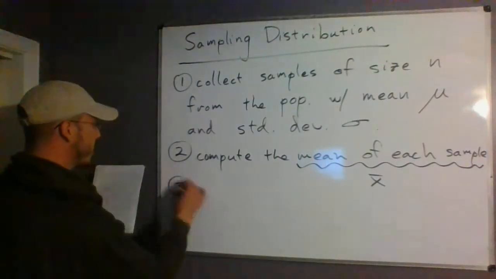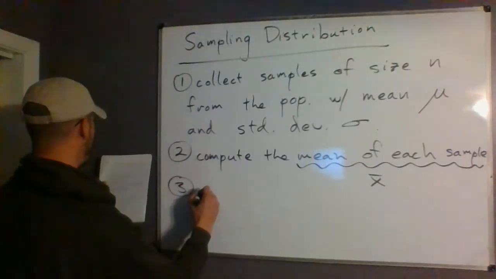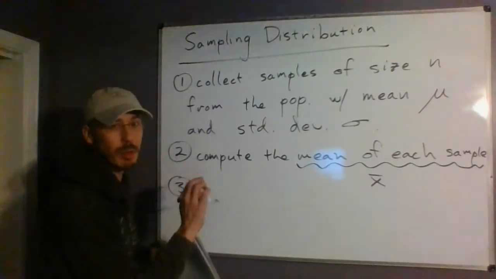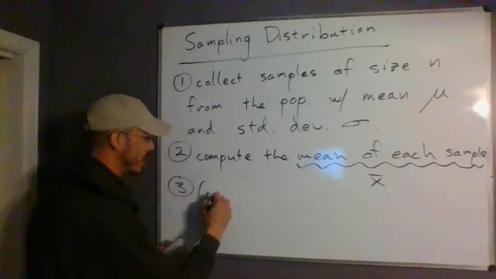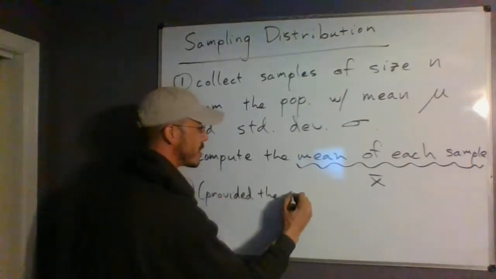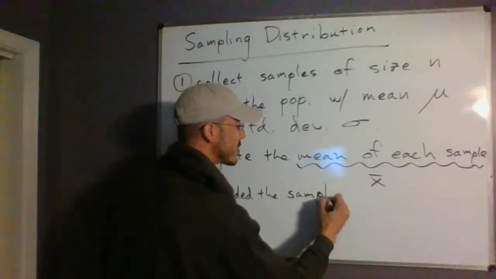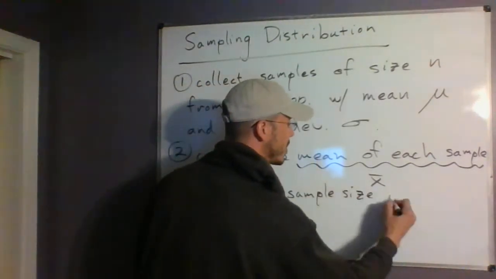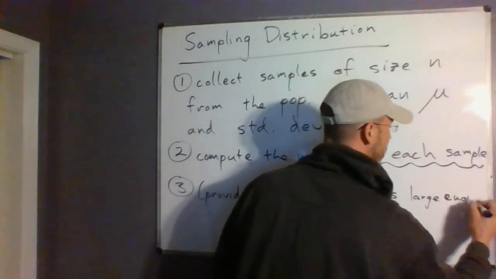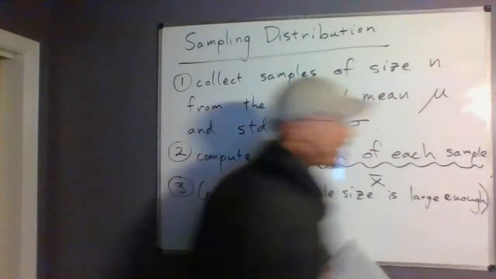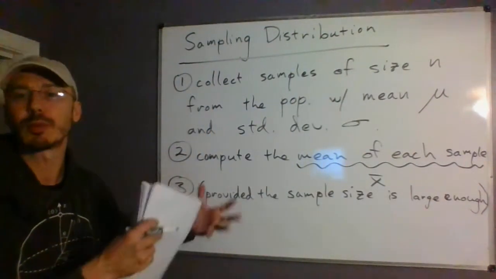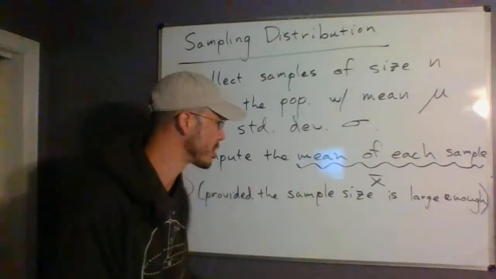And the third thing, I'm going to put a parenthetical statement here that this works provided the sample size is large enough. So we can't do this with samples of size 2 or 3 or something. We need to have 10, 20, 30, a big enough sample size.